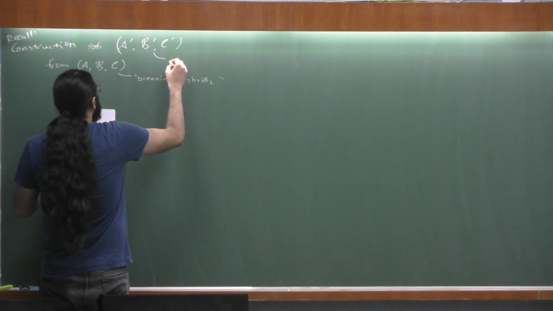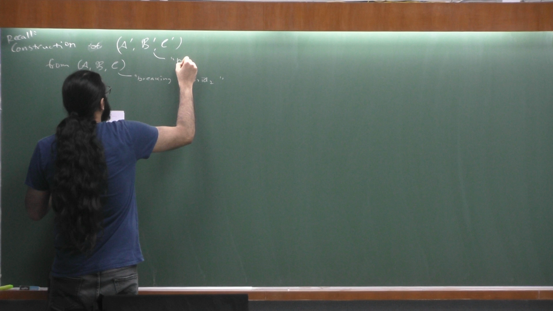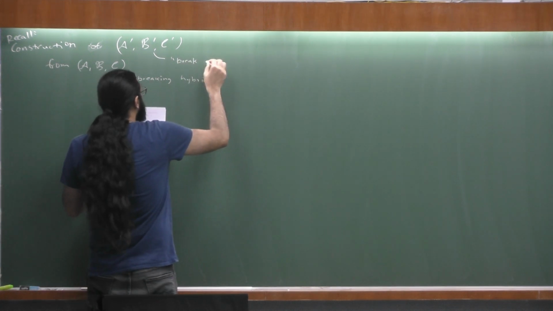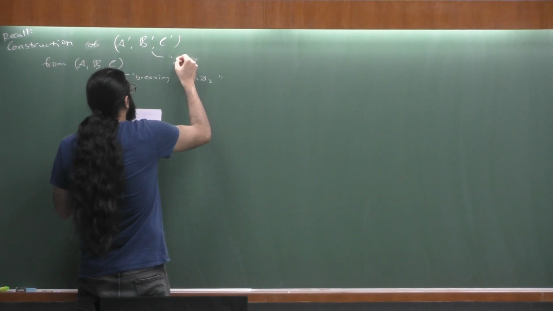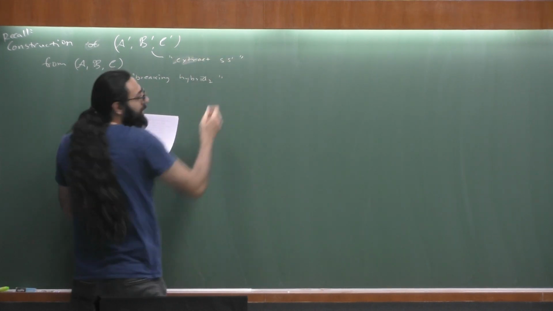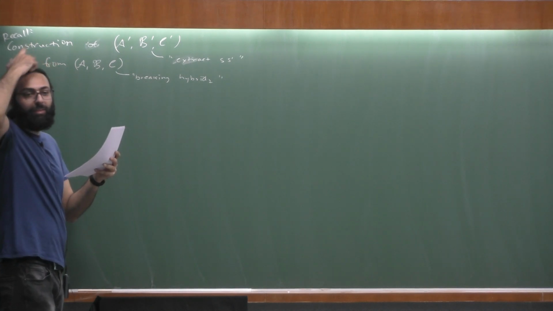And this we want to break the monogamy of entanglement or the strong direct product, whatever. So it's basically extracting S, S prime. This is what we want to do here. Right, so this is where we were.